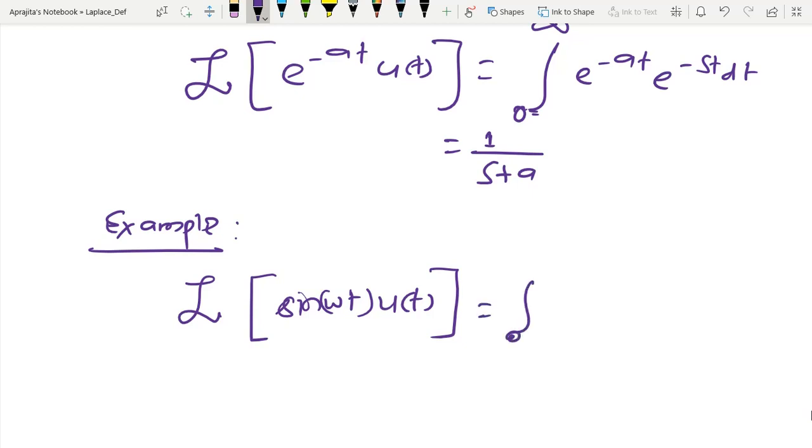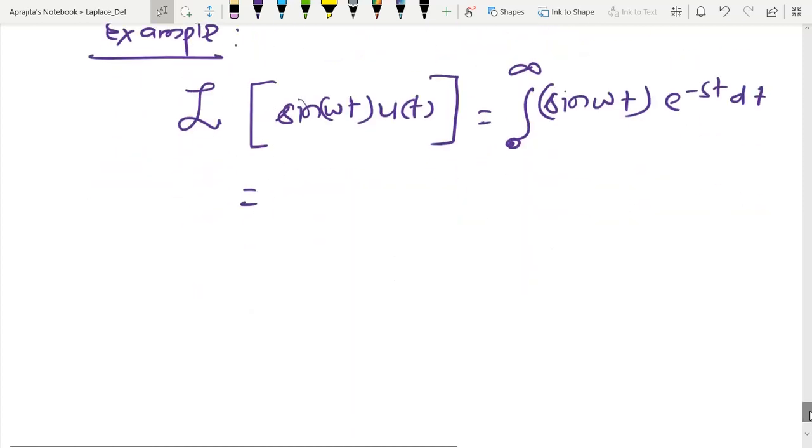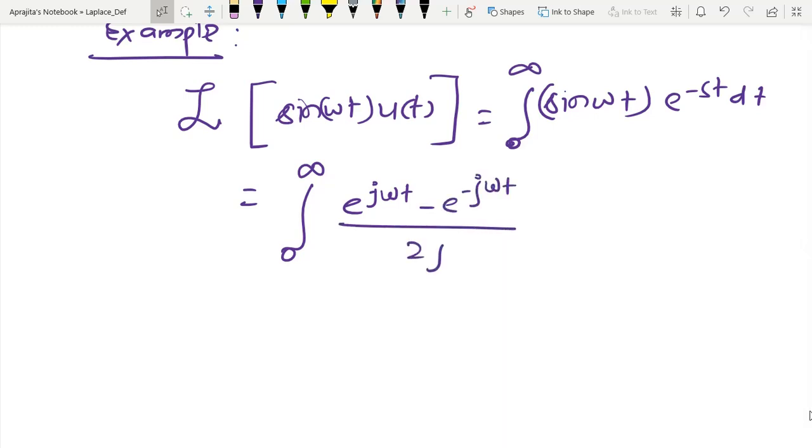So this is nothing but the integral from 0 to infinity of sine omega t e power minus st dt, and after that obviously I will express sine omega t in the form e power j omega t minus e power minus j omega t, divided by 2j. We have already seen this kind of thing, so I am not going to talk much about it.